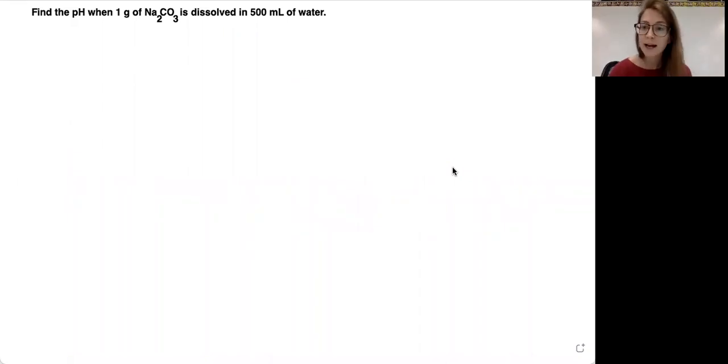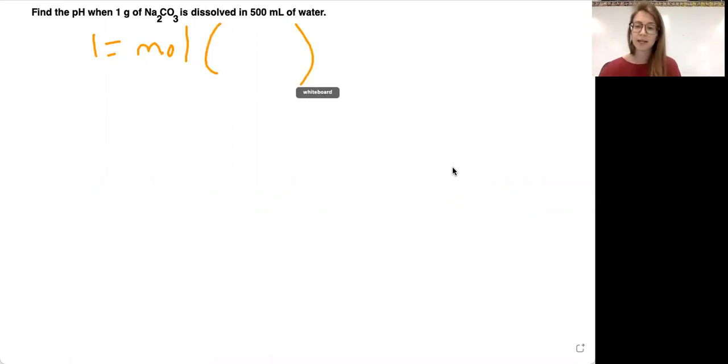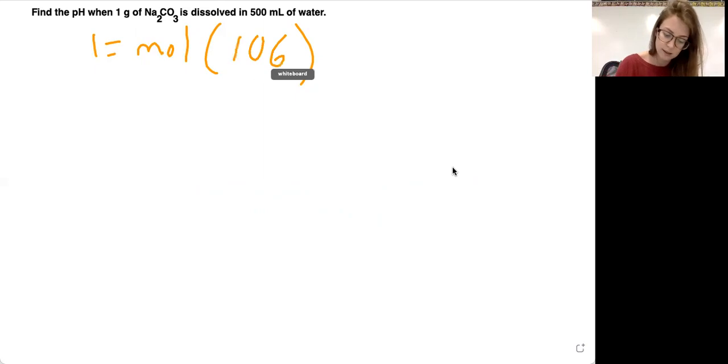In order to do that, I need the molarity of the weak base. So taking the 1 gram of sodium carbonate and finding the moles, grams equals moles times molecular weight. Sodium is 23 times 2 plus the 12 from the carbon plus 16 times 3 for the oxygen. We get a molecular weight of 106.